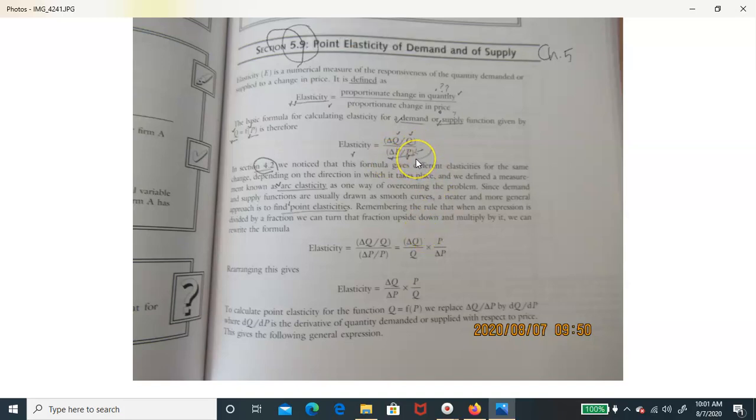So if we flip it and multiply, it becomes change in quantity divided by quantity, times price divided by change in price. Simplifying, we get change in Q over change in P, then P divided by Q. We just bring delta P here, and we get the result. So this now is elasticity.